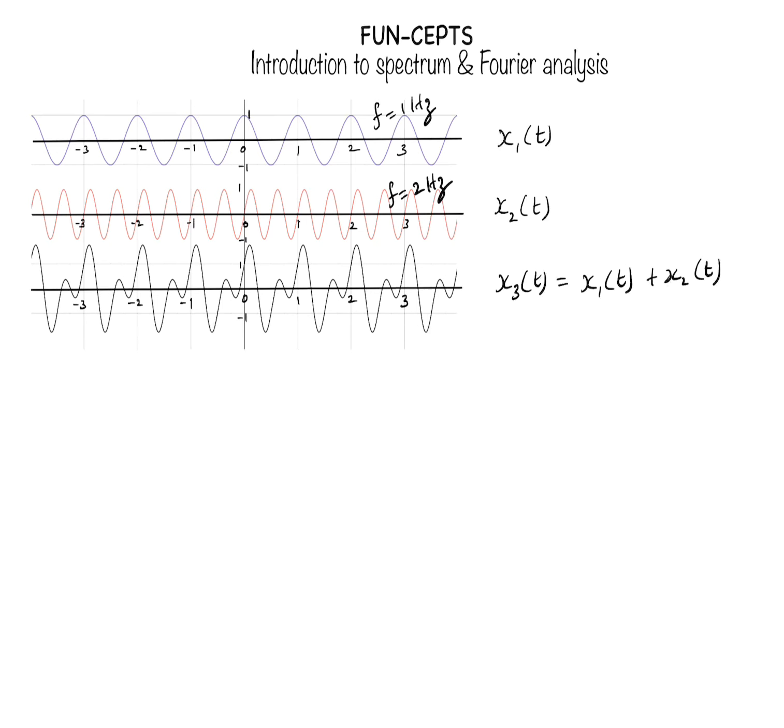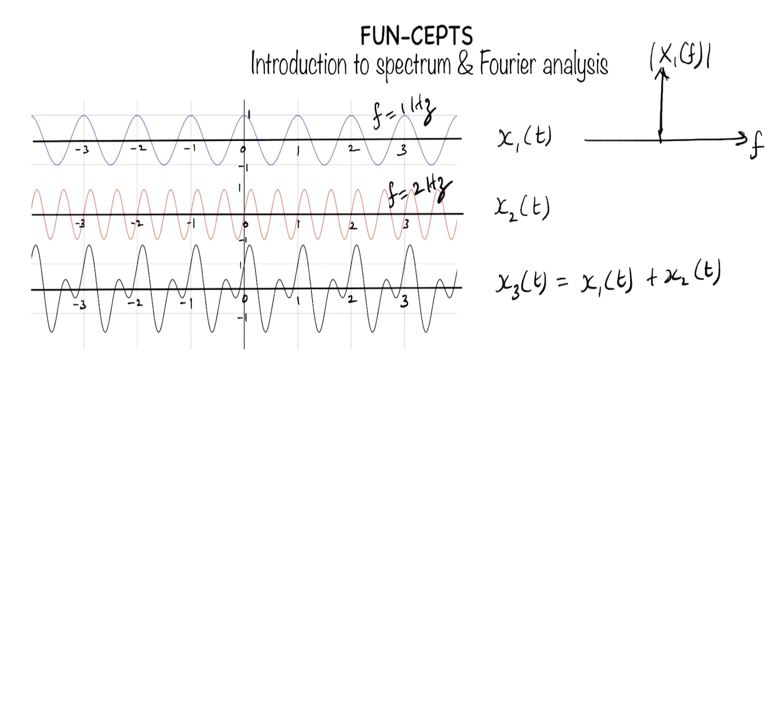So simply put, if we had to plot the spectrum for x1 of t, let me just draw it very roughly, just to be complete here. If we had to draw the magnitude spectrum for x1 of t, we'll simply call it x1 of f and its magnitude.